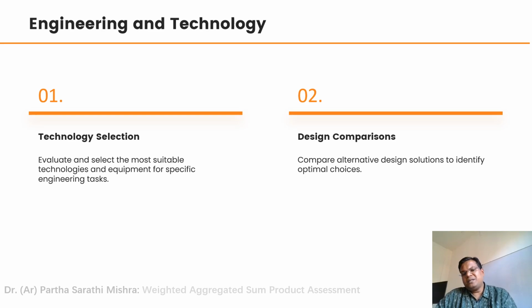Form wise, one particular design may be very attractive, but function wise it may not be working properly. So on that basis we have to select all the variables in the name of different criteria and all the design solutions. So at the end, by using all the parameters, we'll get a particular solution. So through Waspas method we can get this particular final design solution.